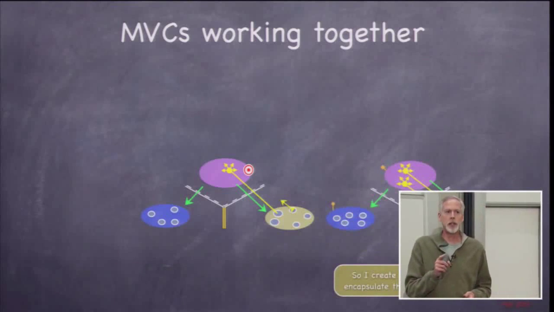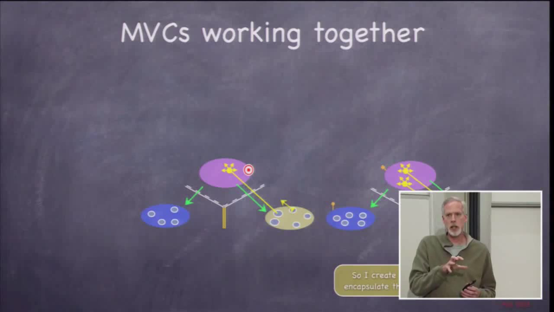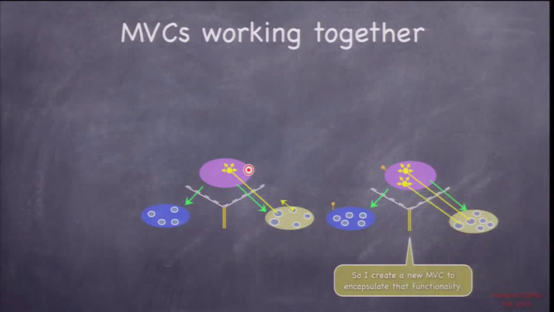Now what's really important to understand here is that MVCs need to be independent. Okay, so this second MVC has to encapsulate some amount of functionality, and it has to be able to be set up, prepared to be on screen, and then it has to be able to run by itself. Okay, why is that? That's because this MVC is going to serve as the view of another MVC.